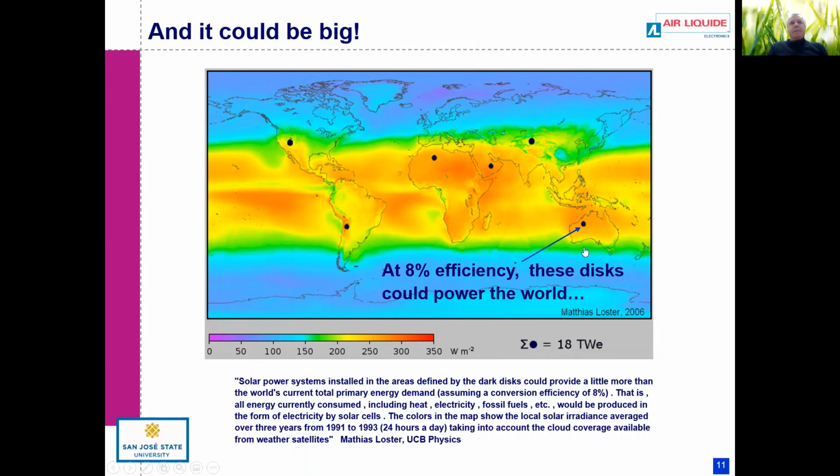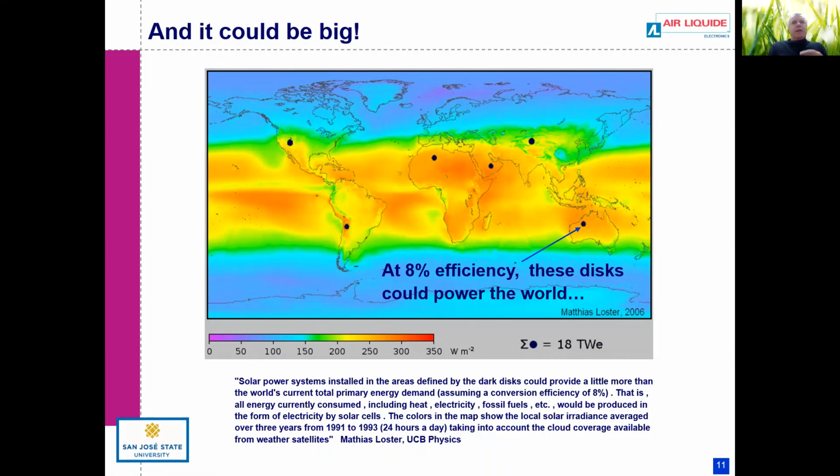But according to Matthias Loster of the physics department at UC Berkeley, if you covered these black disks on the globe with solar cells, then you could power the entire world with solar photovoltaic.